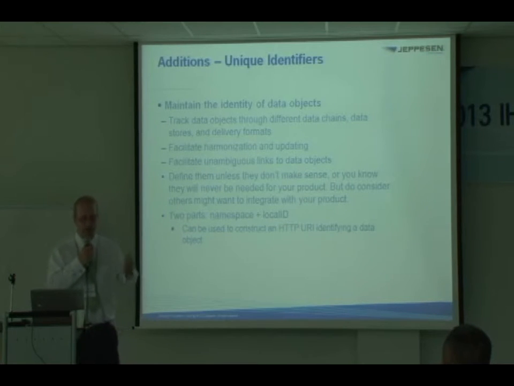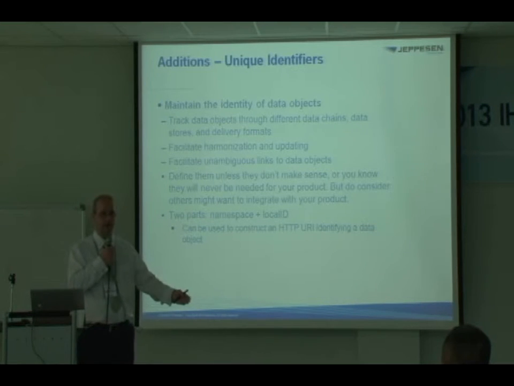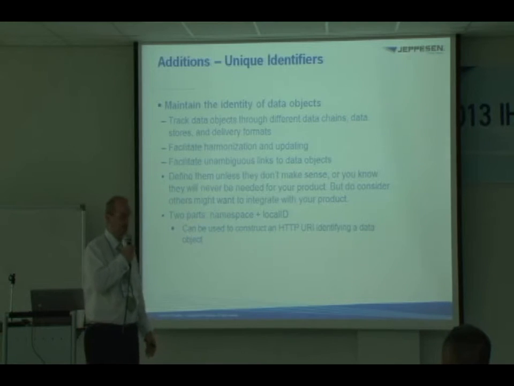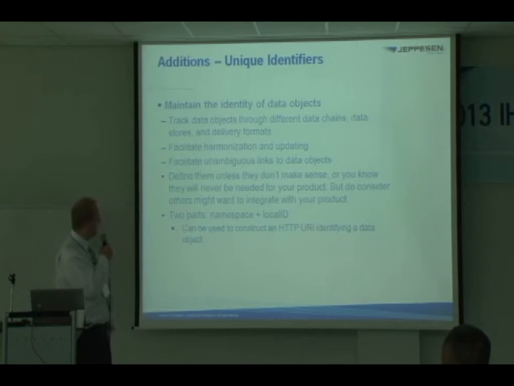So therefore, this was proposed to be done, and it has now been developed as a proposal and will go into the next version of S-100. One thing, when we talk about value-added data, is that you want to be very clear on the value of unique identifiers.